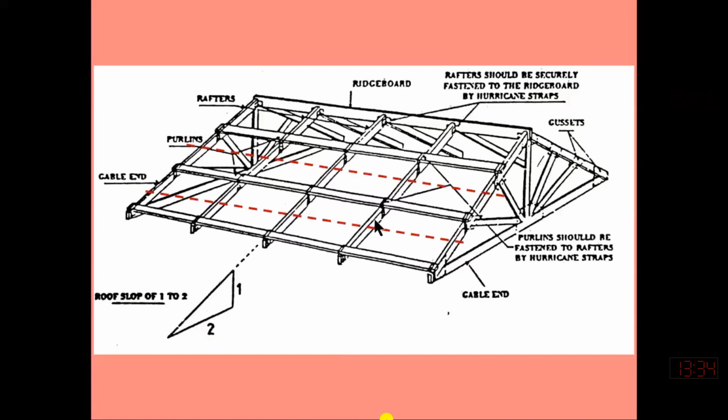The total number of sag rods will be the number of purlins minus 1.